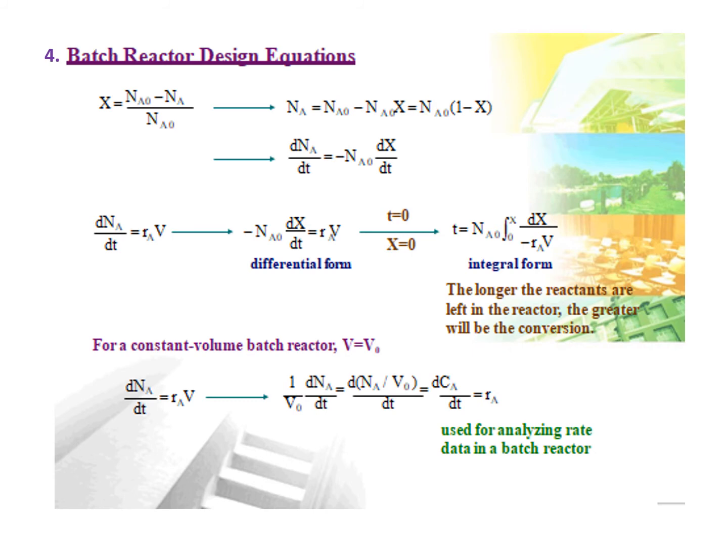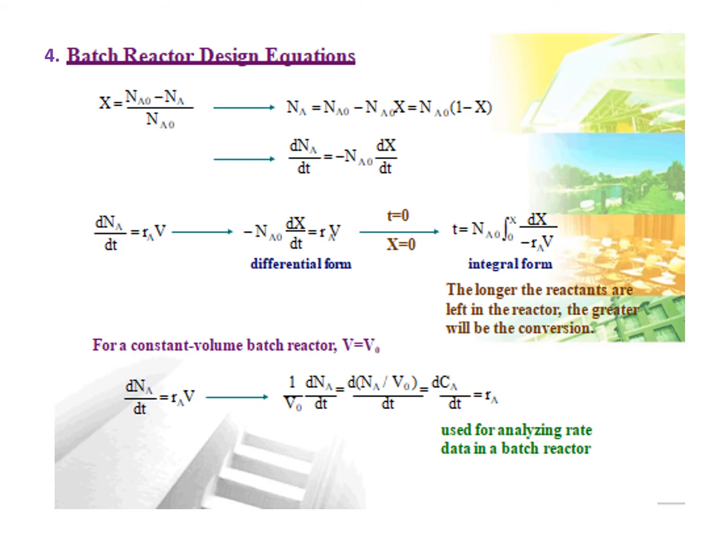So in the batch reactor design equation, you all see the general differential form, dNA/dt is equal to RA times V, which converts to minus NA0 dX/dt when we put in the value of NA, the final number of moles of A. We'll find it is equal to RA V, at time t = 0 or X = 0 as the limit.